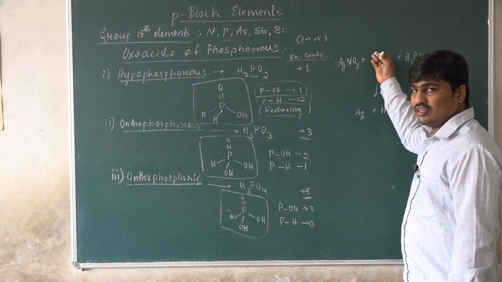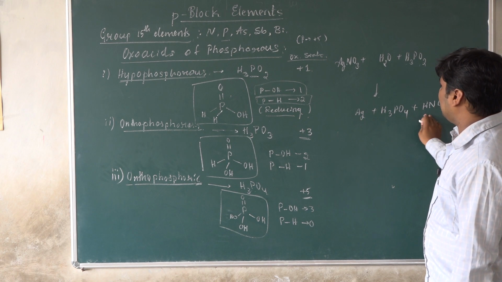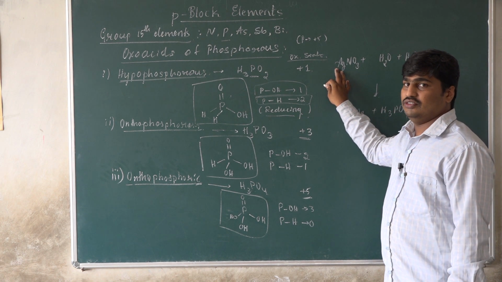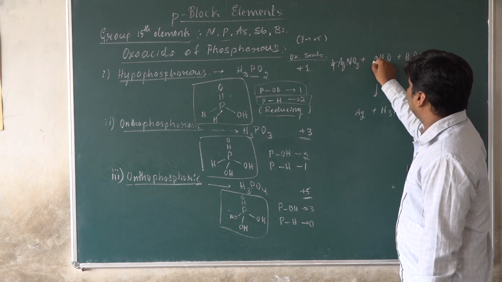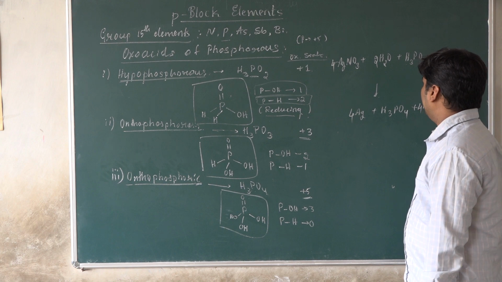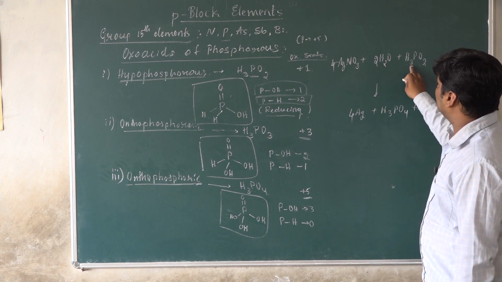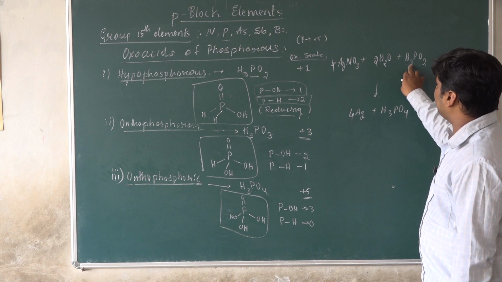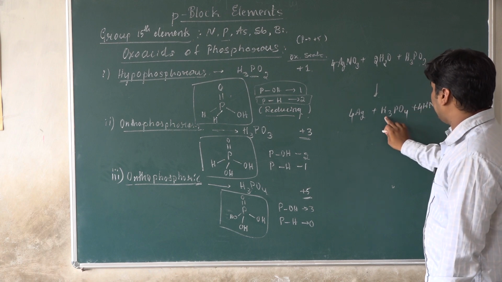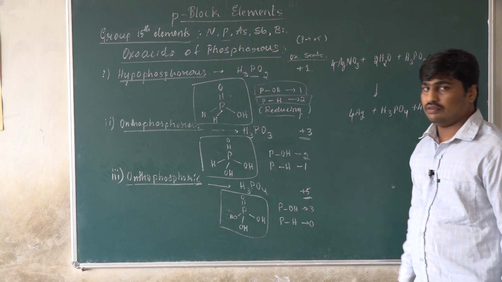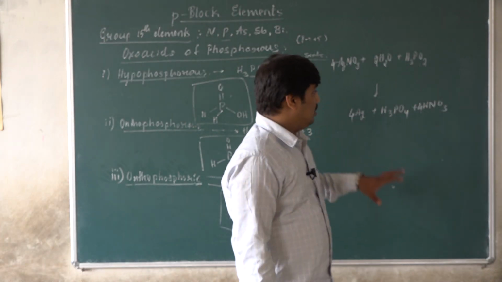When the number of water increases, the number of HNO3 increases, and then AgNO3 increases. Therefore, it becomes 4 AgNO3 and 2 water giving 4 Ag. Now count the hydrogen: 2 into 2 is 4, plus 3 is 7. Next 3 plus 4 is 7. Balanced. So this is the balanced chemical equation of reducing nature.